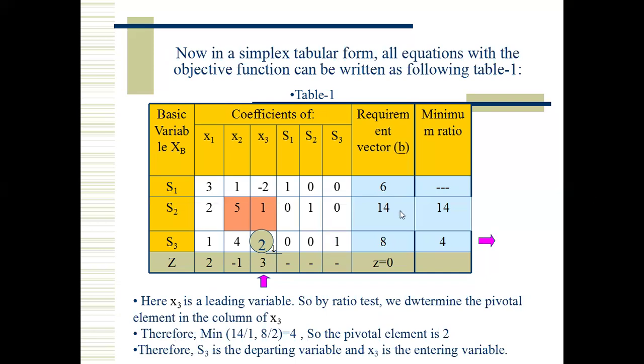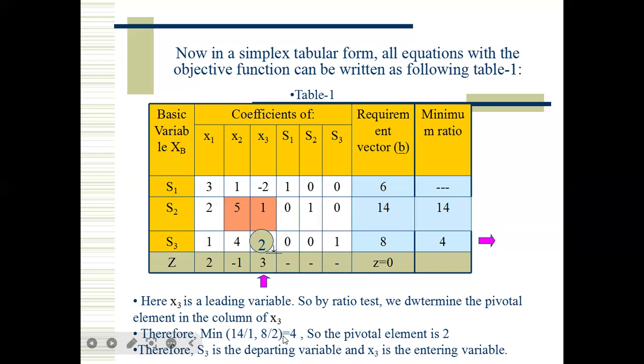In the second row, the requirement is 14, so 14 by 1. 6 by -2 cannot be accepted because it is negative. So 14 by 1 is 14, and 8 by 2 means 4.